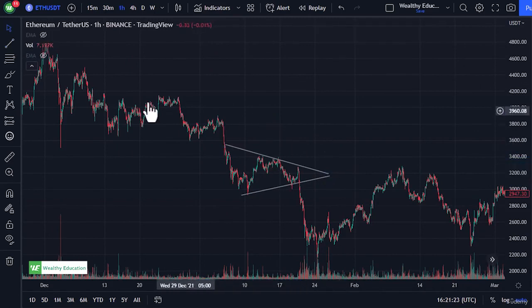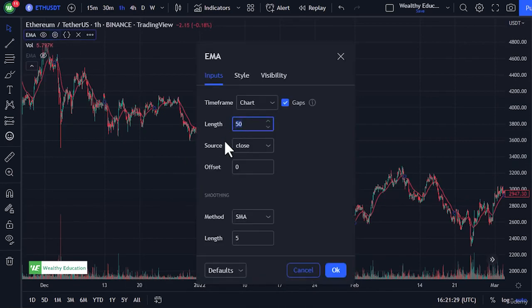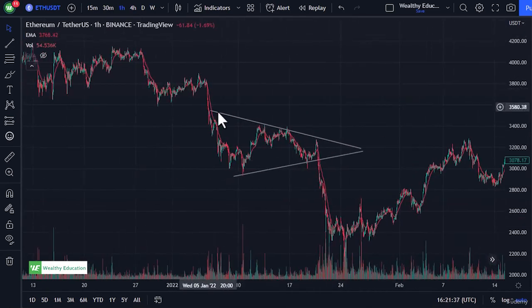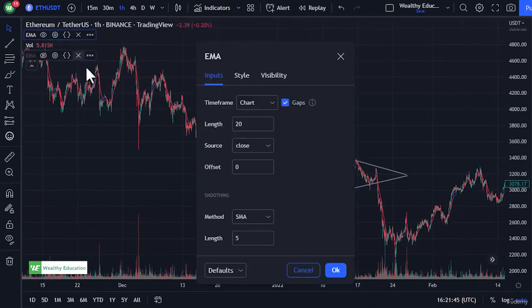Symmetrical triangle. Let's go ahead and change this to the 20 here. You can see it's kind of falling right along. It goes into hyperdrive to the downside once we break through this bottom trend line. Not a huge surprise, really. I mean, we were in a downtrend to begin with, so why would anything change? You see what I'm saying?